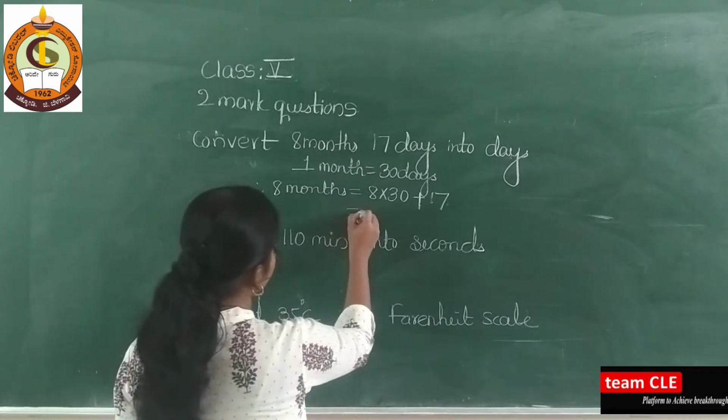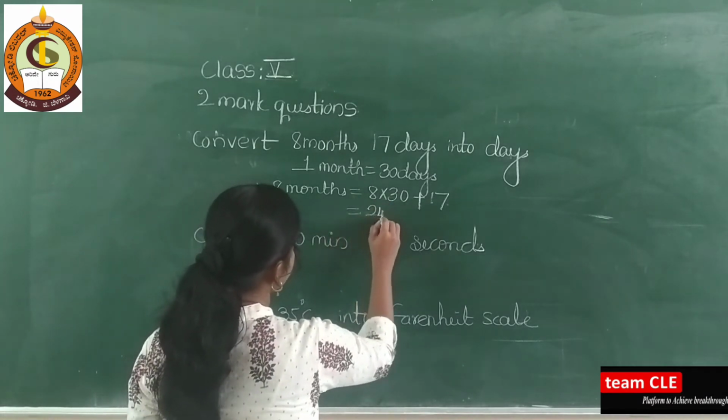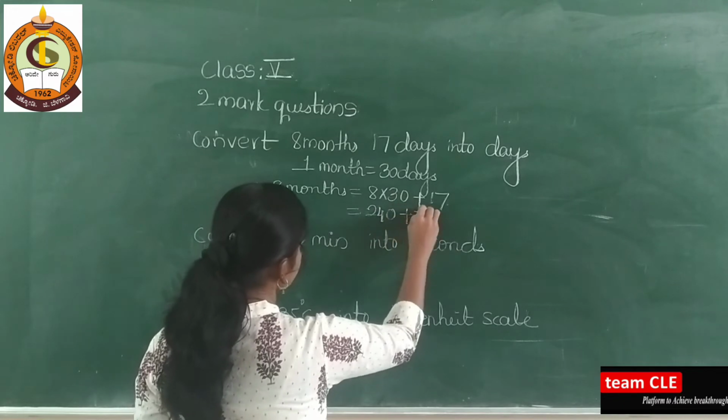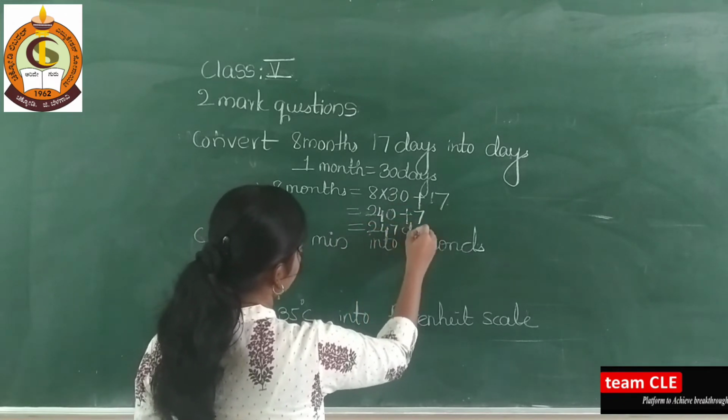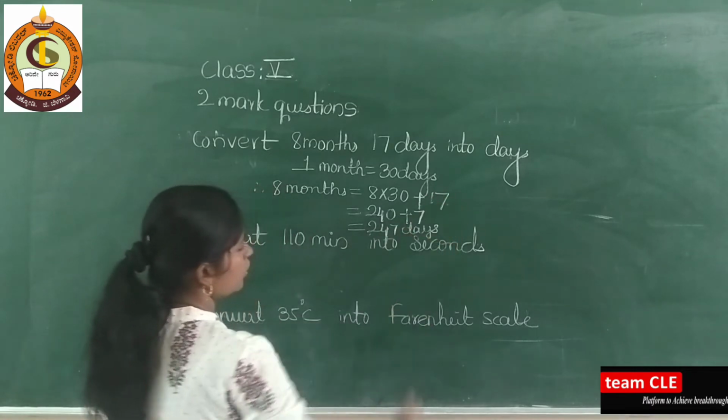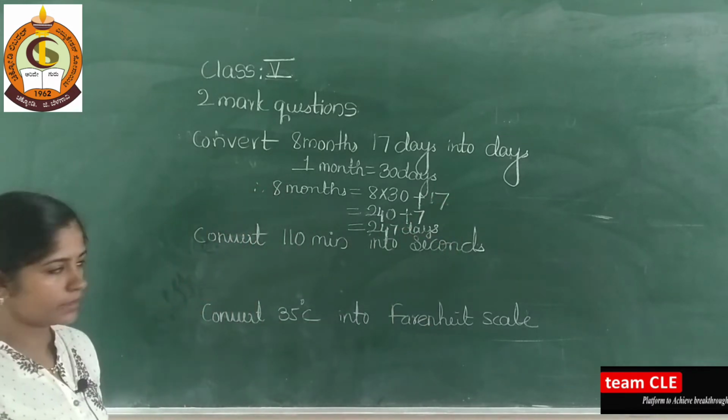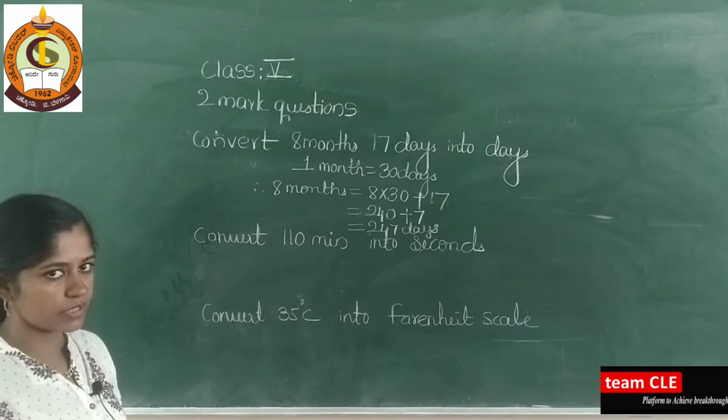So 8 3s are 24 and this 0 as it is, plus 7. So we get 247 days. So this type you are going to solve this example.